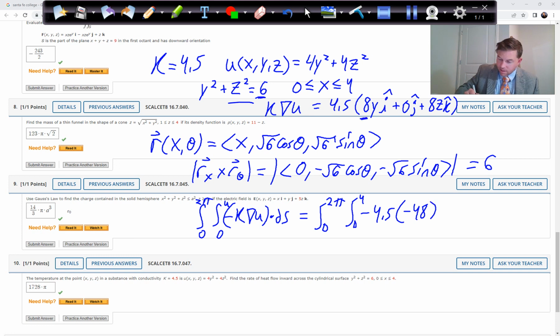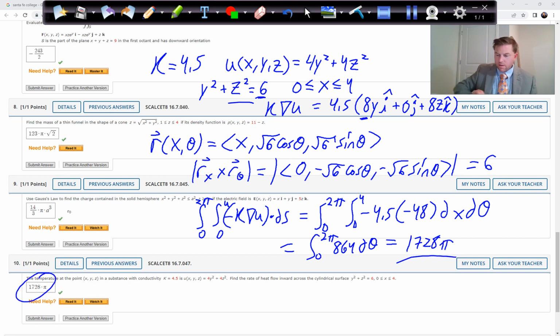So we get this, and then it's dx d theta, and then we do the antiderivative of the first one. You should get 864 d theta. The antiderivative of that would just be 1728 times pi. And that would be problem 10 and complete section 16.7.